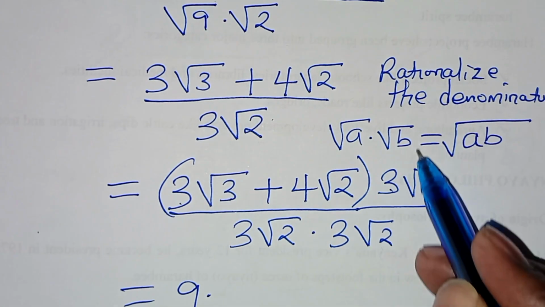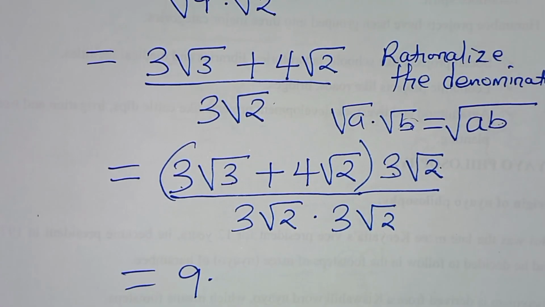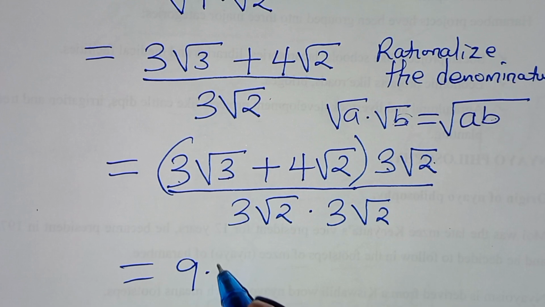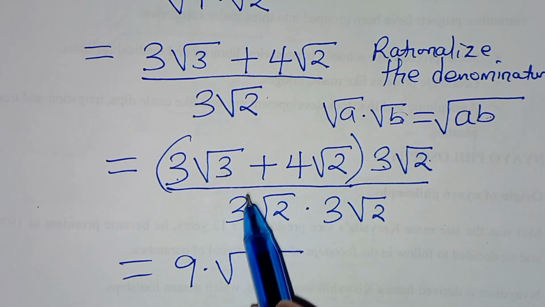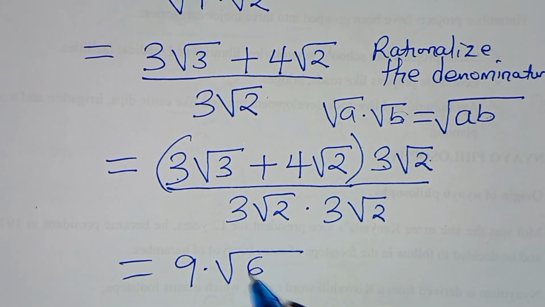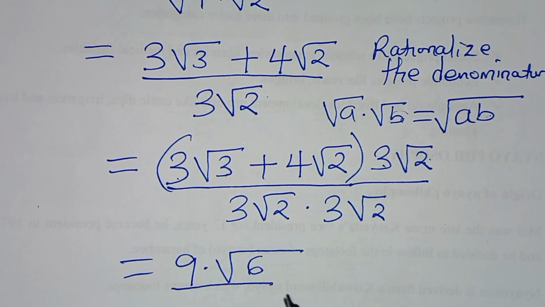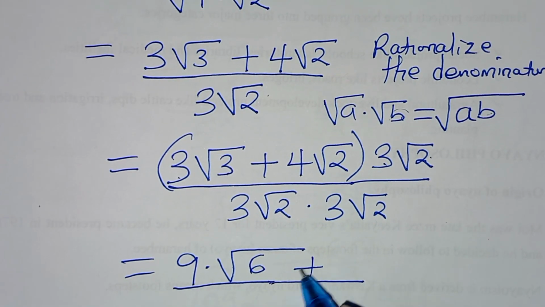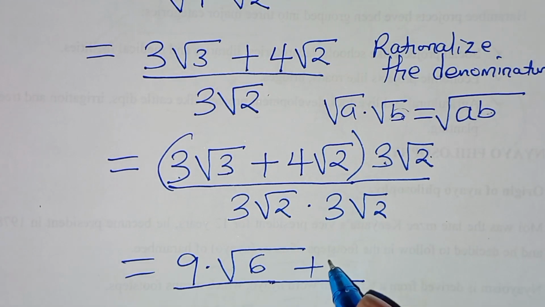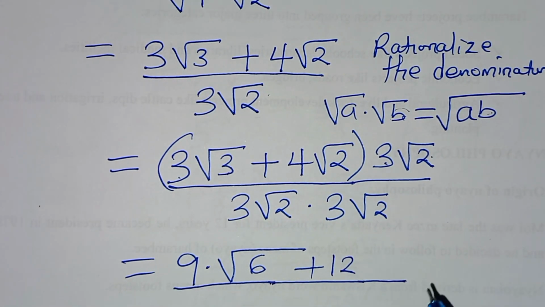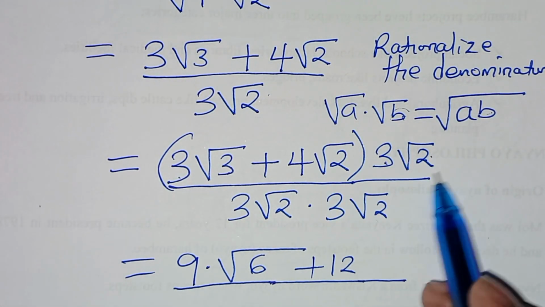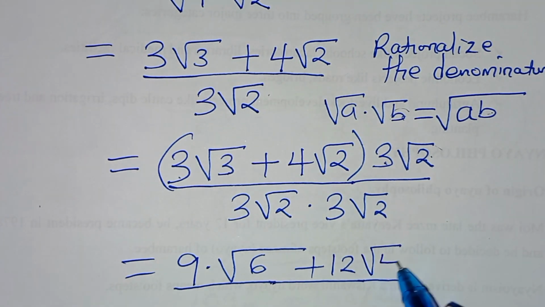You combine a and b here. So we'll have 9 square root of 3 times 2, which is equal to 6. Then plus 4 times 3, which is the same thing as 12, and then square root of 2 times square root of 2 is the square root of 4.